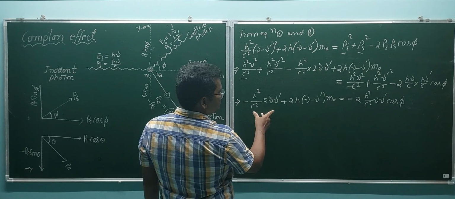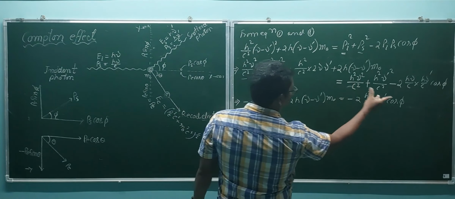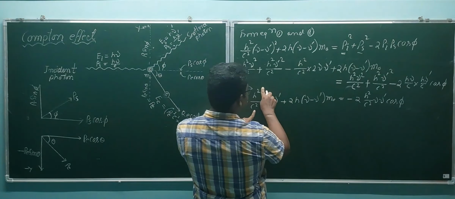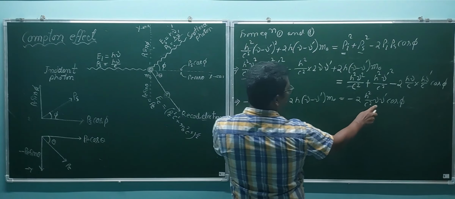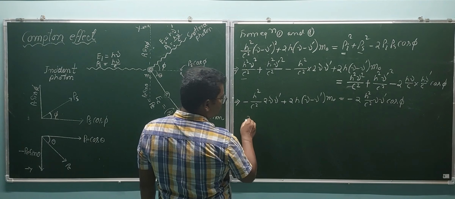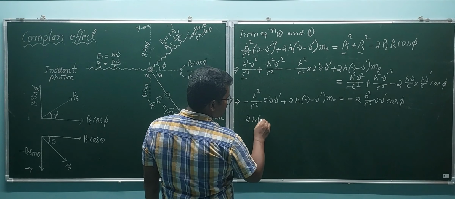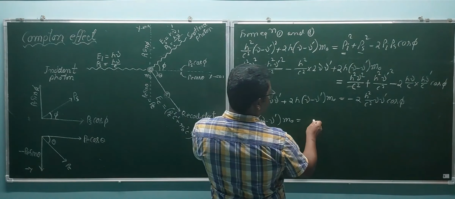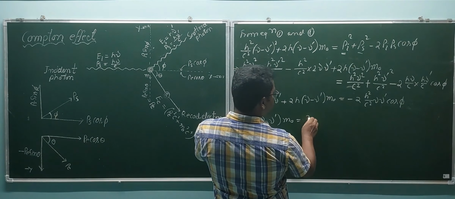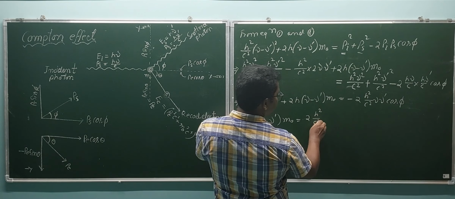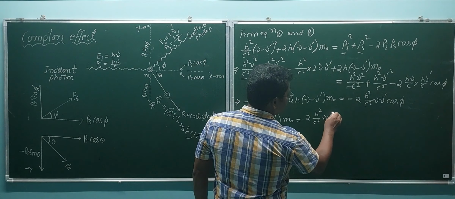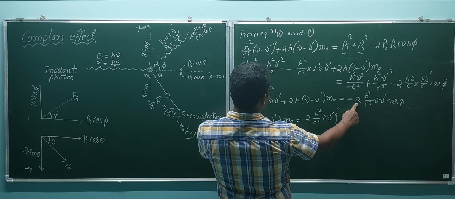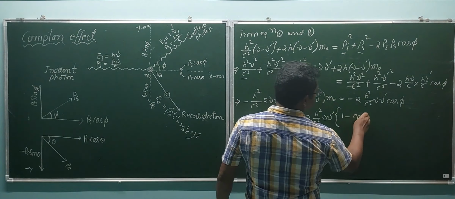Now if you take the common factors, twice h square c square and nu nu prime, on the left side we keep twice h nu minus nu prime m naught, equal to the right side, where the common factor is minus 2 h square c square nu nu prime, times 1 minus cos phi.